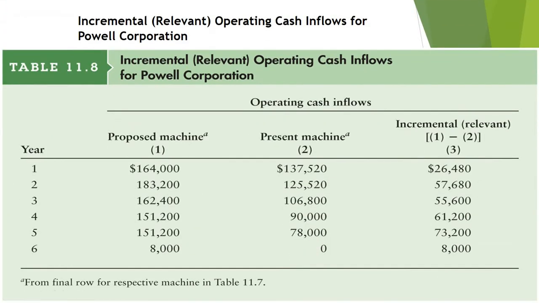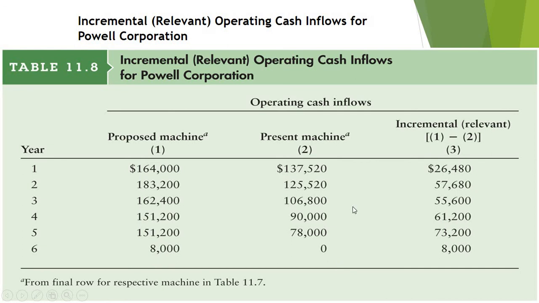Now, here are the incremental operating cash inflows for Powell Corporation. This is the operating cash inflows for the proposed machine, the second row, and the third row shows the operating cash inflows from the present machine.